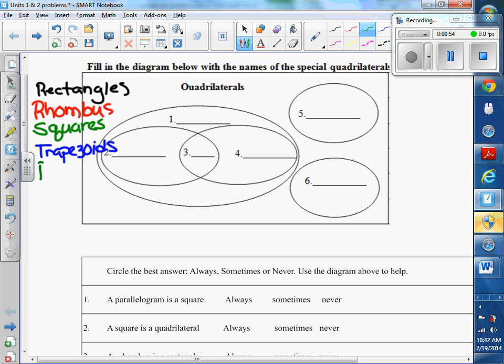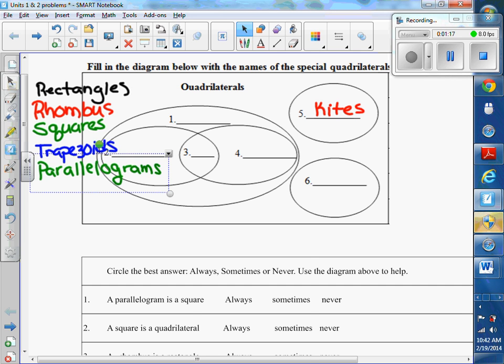Parallelograms. We're only looking at quadrilaterals. And then I think that we didn't do kites. So I'm going to put kites here and ignore kites right now. We'll get to them, but they're not in this unit.